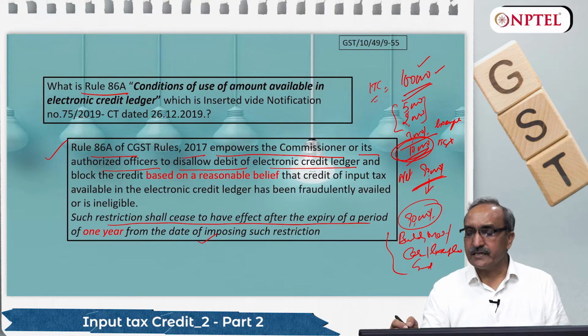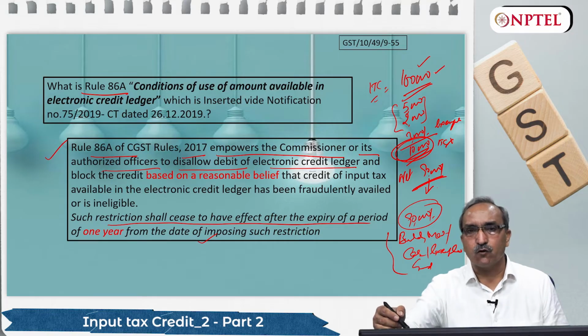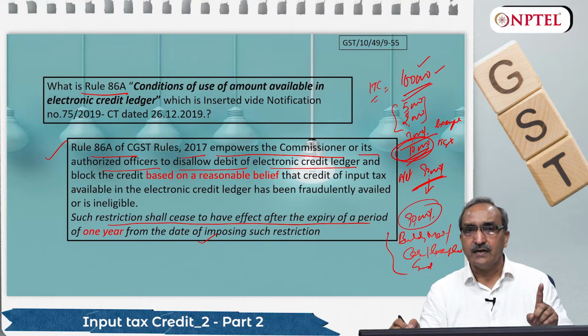So if that is the case where 90,000 out of this 1 lakh rupees is on account of building material, I told you for building material, ITC is not available. On a motor car having sitting capacity less than 13, ITC is not available, or on exempted goods, ITC is not available.